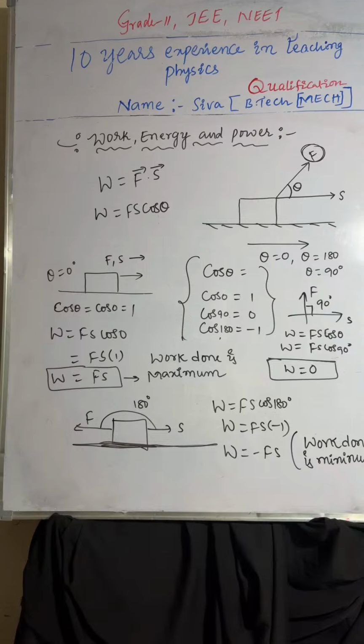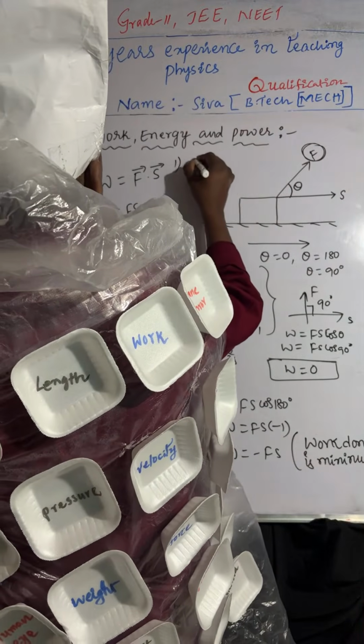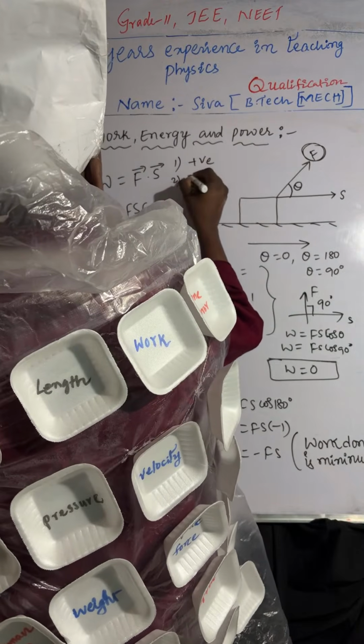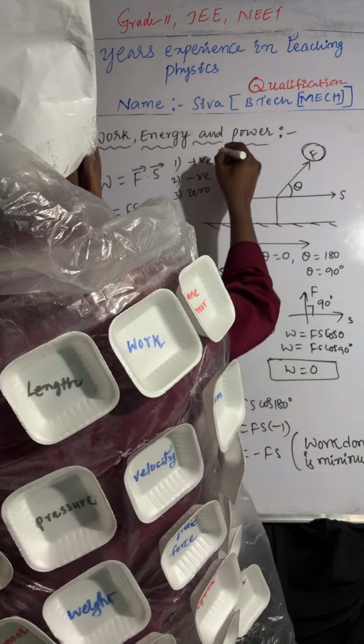When we apply force on the object and force and displacement are perpendicular to each other, the angle between force and displacement is 90 degrees, then work done is 0. So there are three types: positive work, negative work, and zero work.